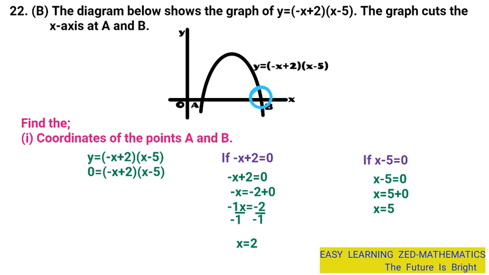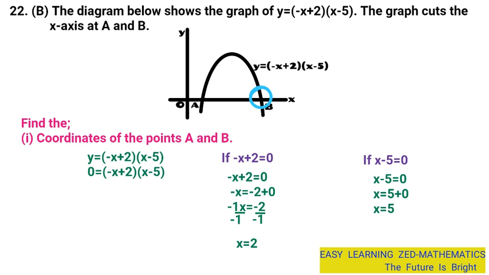So the value of x is 5 when x minus 5 is equal to 0. Here I've gotten two answers, 2 and 5. These are the values of x.